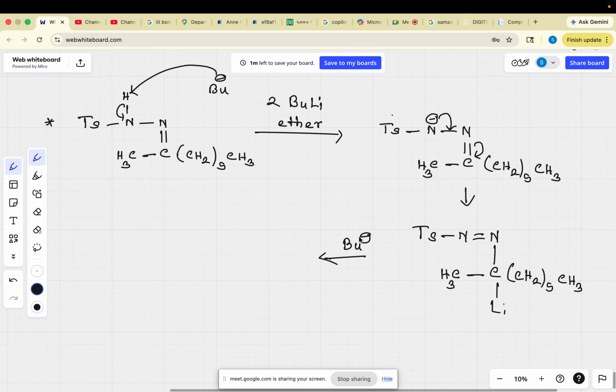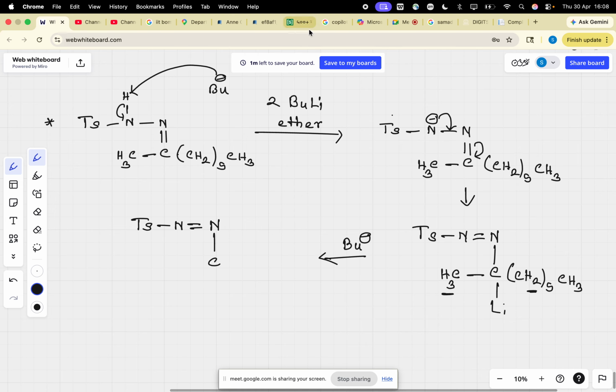Now the question is, the second equivalent of butyl minus, it will abstract the proton from where? This proton or this proton? Which reaction is it?